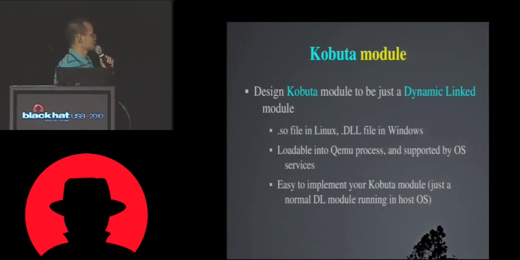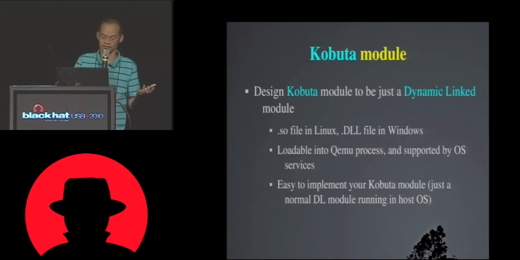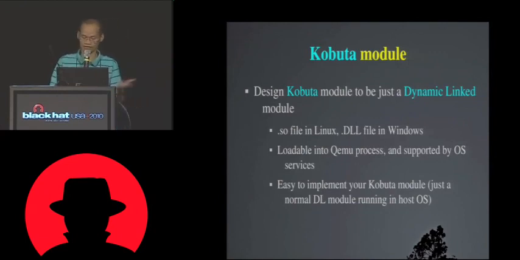In Linux that's a .so shared object file, or a .dll on Windows. You can load the module into the QEMU process because the operating system provides services to load the DLL file inside a process. Using this approach, it's very easy to implement the Kubota module because it's just a normal DLL module that you are very familiar with.